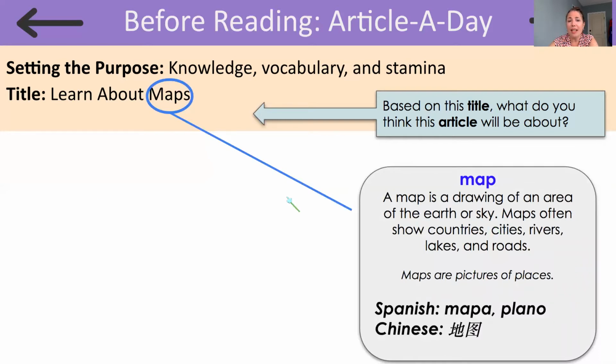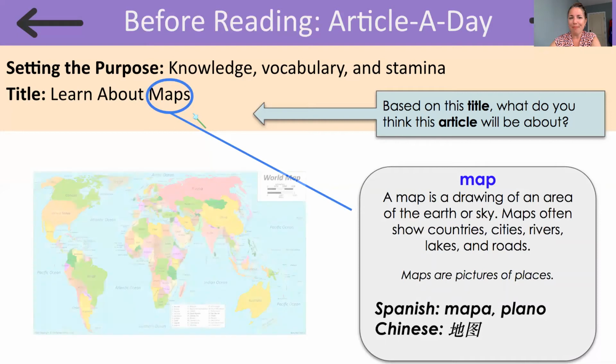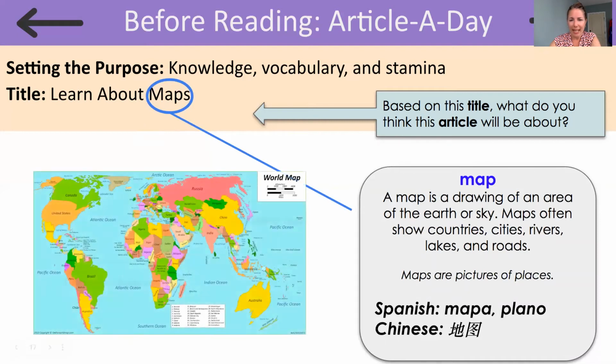And the title is Learn About Maps. So I'm thinking that maybe this article will teach us something about maps, since we're going to learn about maps. And again, here is a copy of a map, and this is an example of a world map.